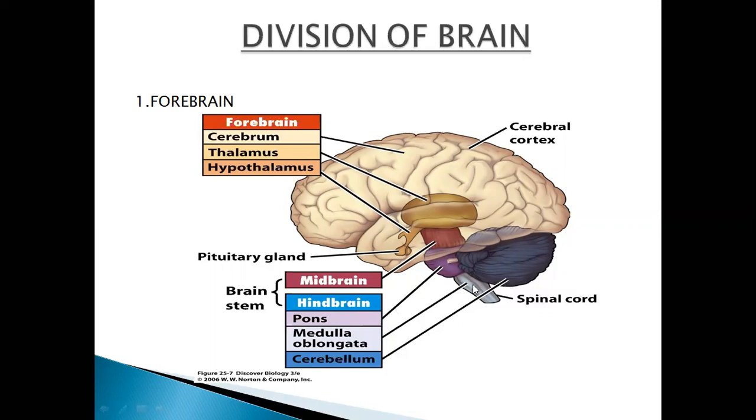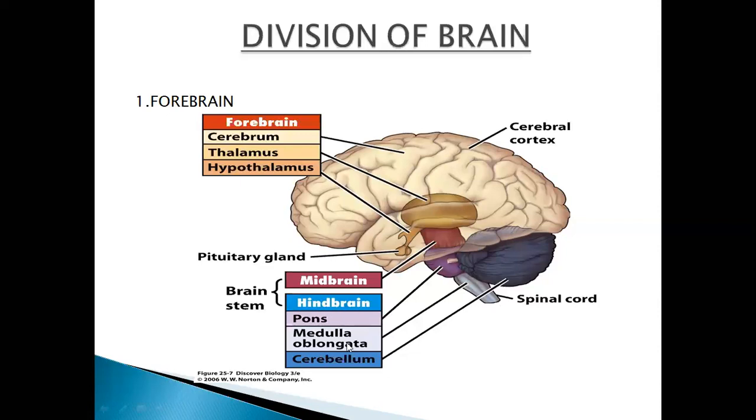It controls breathing, heart rate, and blood pressure in your body. It also controls many reflexes such as vomiting, coughing, sneezing. Information that passes between the spinal cord and the rest of the brain passes through the medulla. So these were the few functions of medulla oblongata.